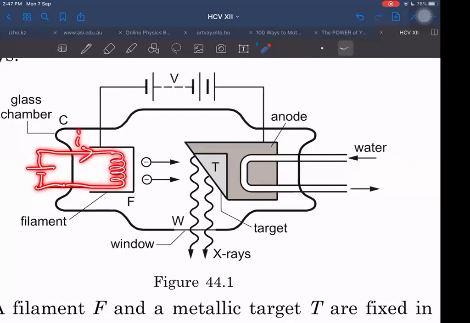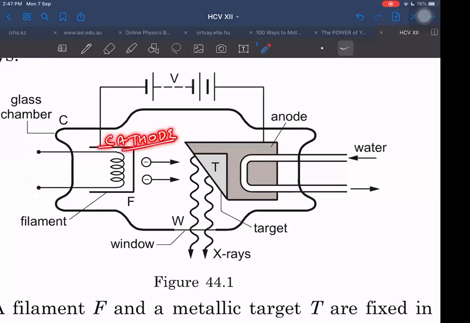By becoming hot, it is like a heater only, nothing else. This heater will heat the cathode here. This is the cathode. And this cathode is something which will emit electrons. Okay.